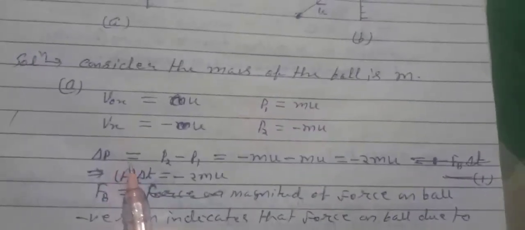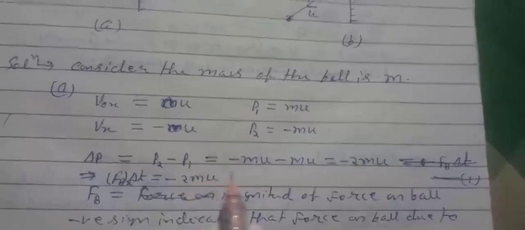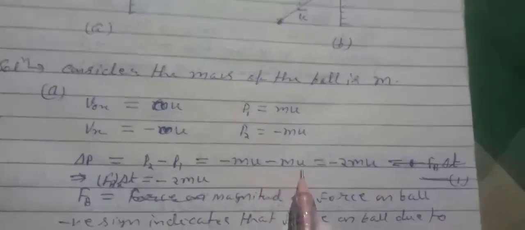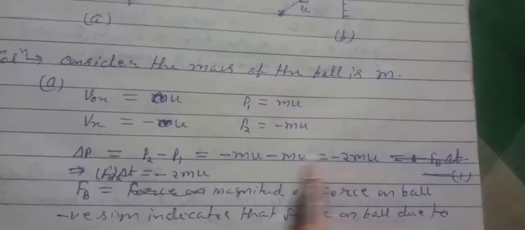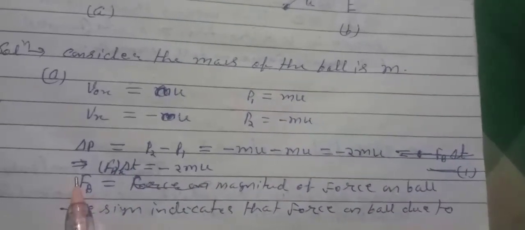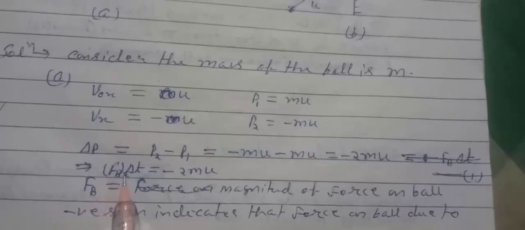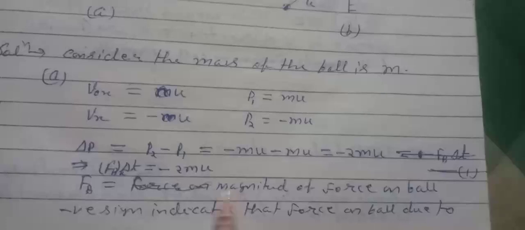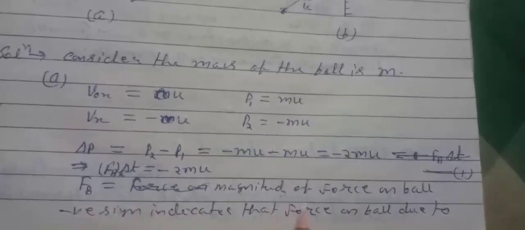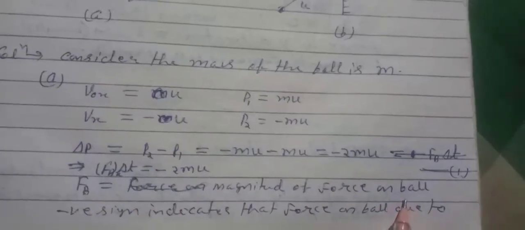Now we know that the change in momentum delta P equals P2 minus P1 equals minus mu minus mu, equals minus 2 mu. Again we know that Fb x into delta t equals minus 2 mu, where Fb equals the magnitude of force on the ball.